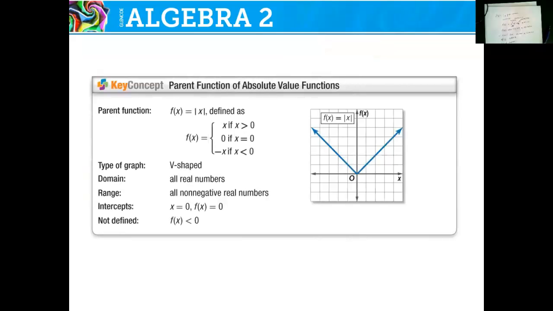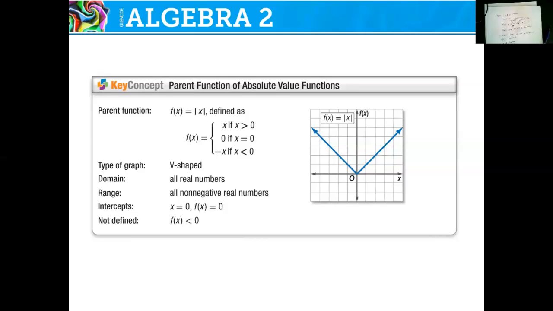Okay, so going back to just the parent function, what we have to realize is paying attention to the domain and range. Your domain for an absolute value function is always going to be all real numbers, and that is the same for a step function, always all real numbers. However, the range is going to change.